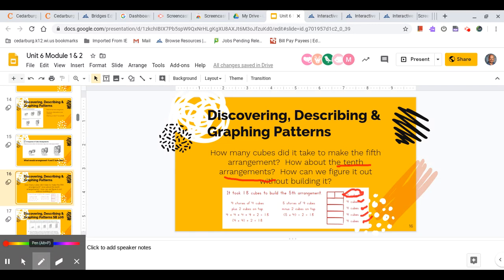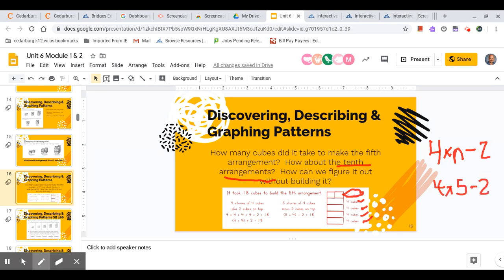When we examine this a little bit closer, we were multiplying 4 by the number of arrangements, and then we actually noticed that we subtracted 2. And by subtracting 2, I could then go 4 times the 5th row minus 2, and that would equal 18 cubes, which then we now have that total.